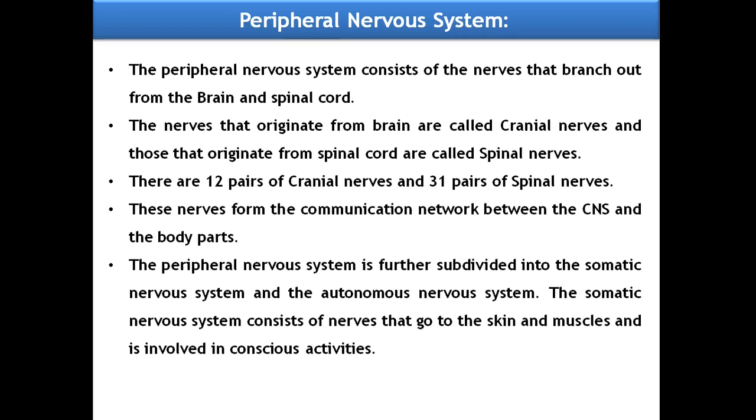Whereas the autonomic nervous system consists of nerves that connect the central nervous system to the visceral organs such as the heart, stomach, and intestines. It mediates the involuntary activities.